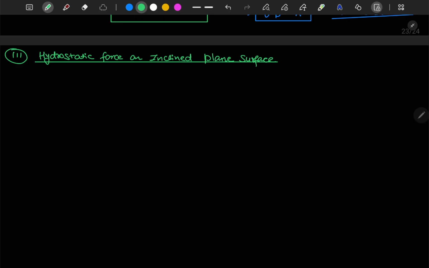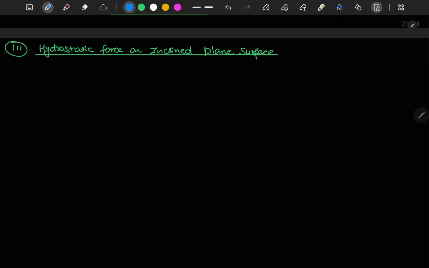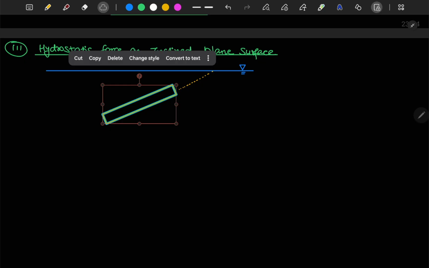So let's consider a free liquid surface first. Let's say that this is your free liquid surface, and we will consider a surface at an angle theta.